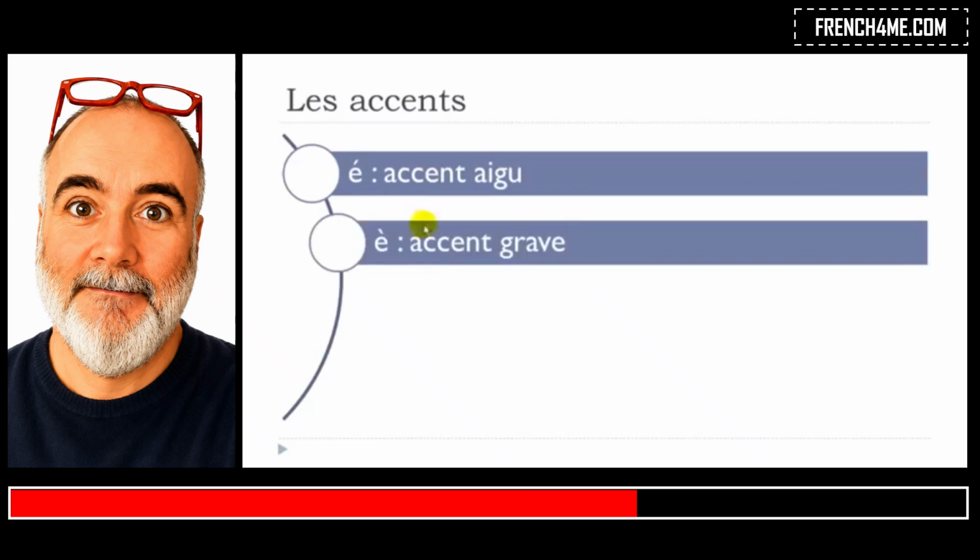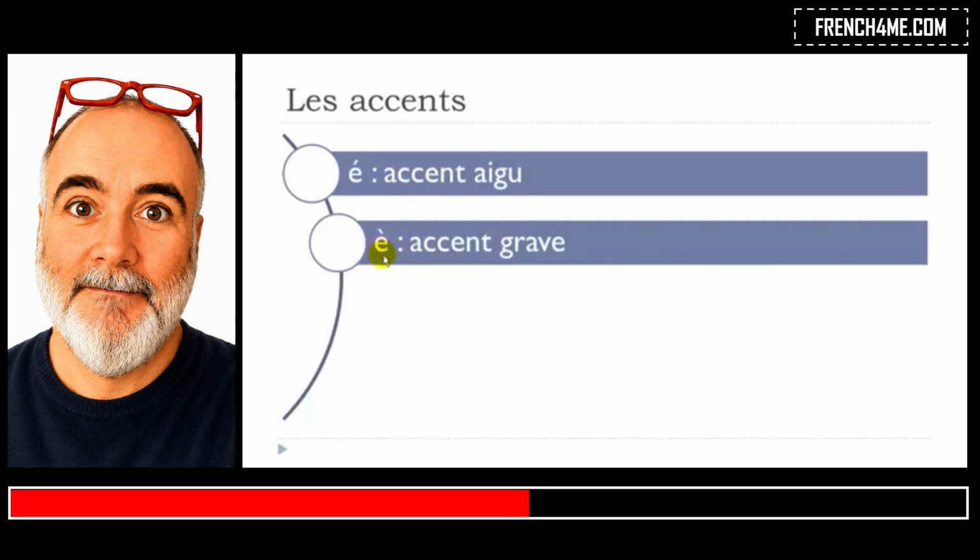Second accent that we can work on, it's a little bit the same, but it goes in the other direction. So if you look, it goes like that, and it's called accent grave, and the sound that you will have to produce is è. It's really open, and normally your mouth should be opened a little bit more than with the accent aigu as well.